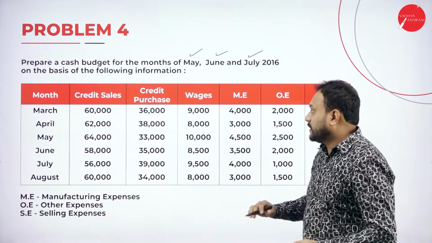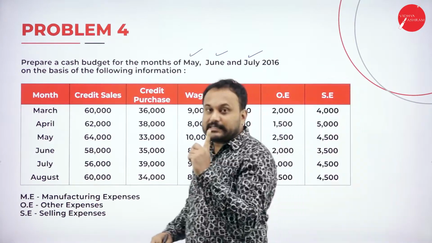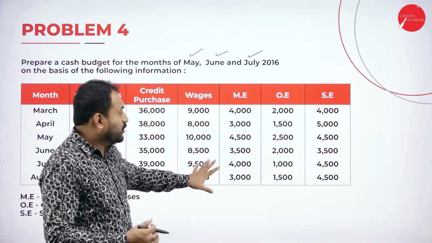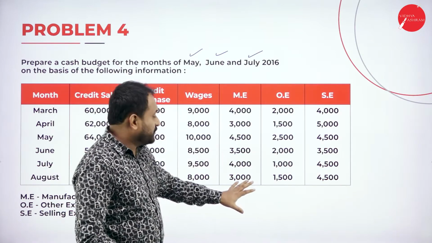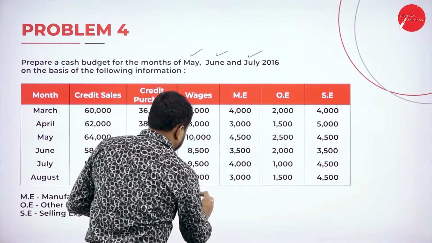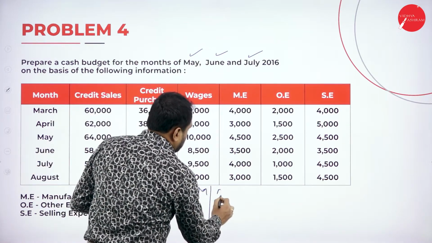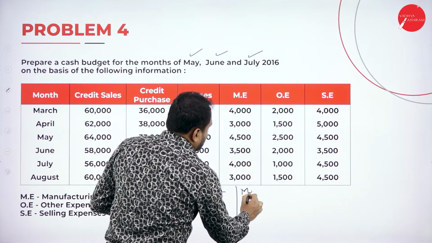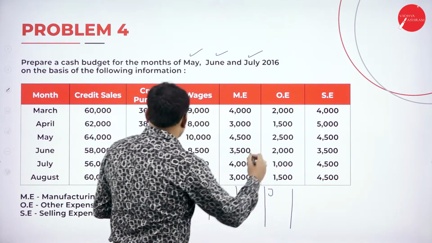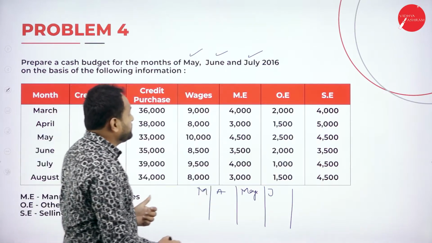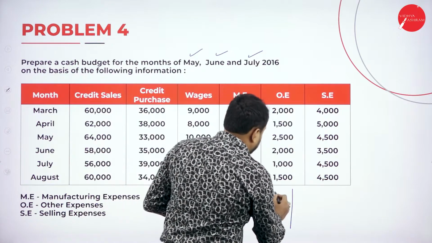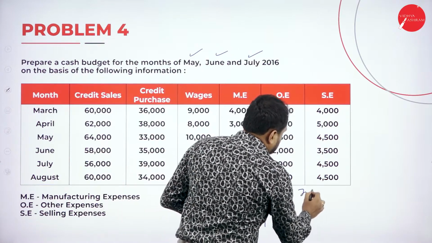Now I'll show you the working note here itself. Wages: they have not said anything, so you'll go with it. Manufacturing expenses we have, so we will write this. In the months of March, April, then we have May, June, and July, August, but we are supposed to go only with May, June, July.